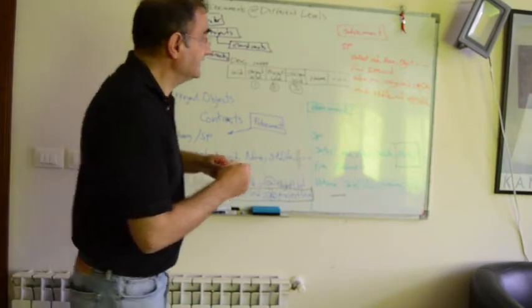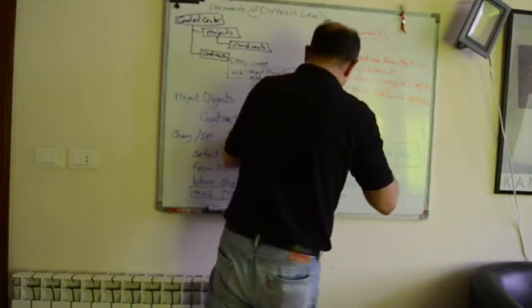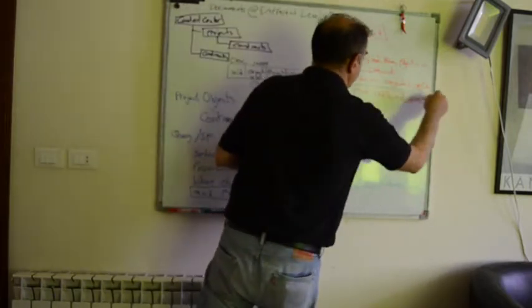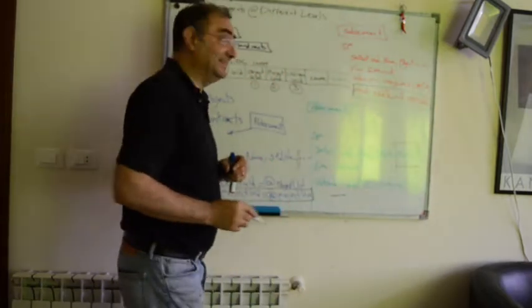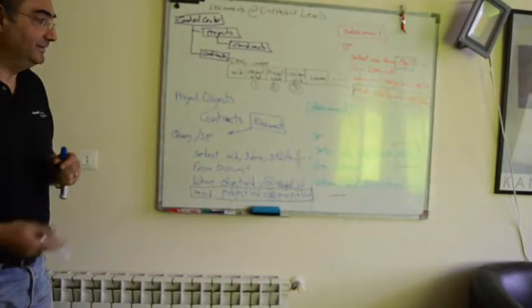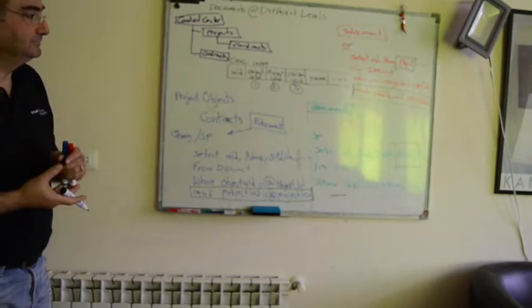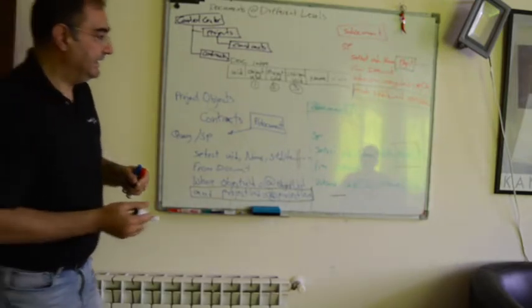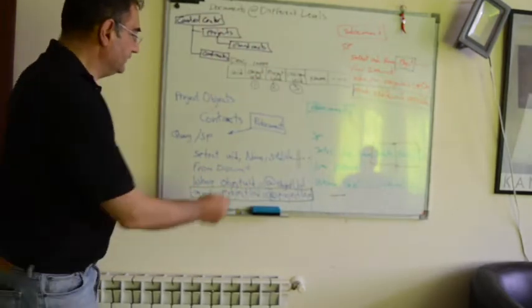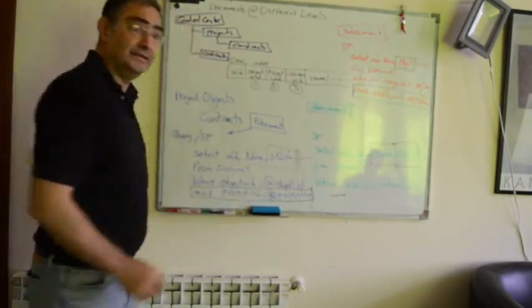What's the difference? Here there is, sorry, the black one. Here there is this and the project selected as more. Here there is the project and the standard item. Here there's only the standard item.